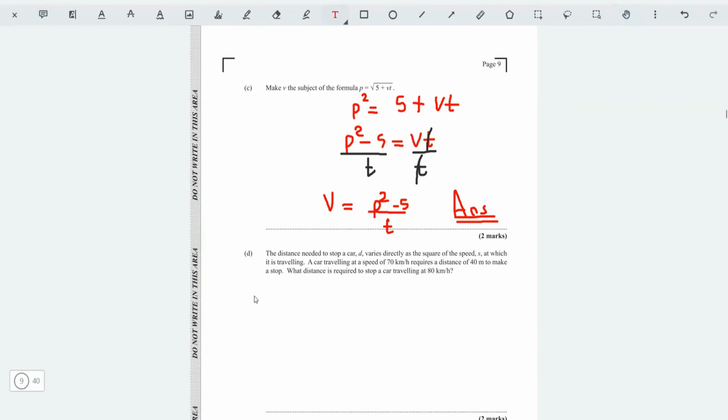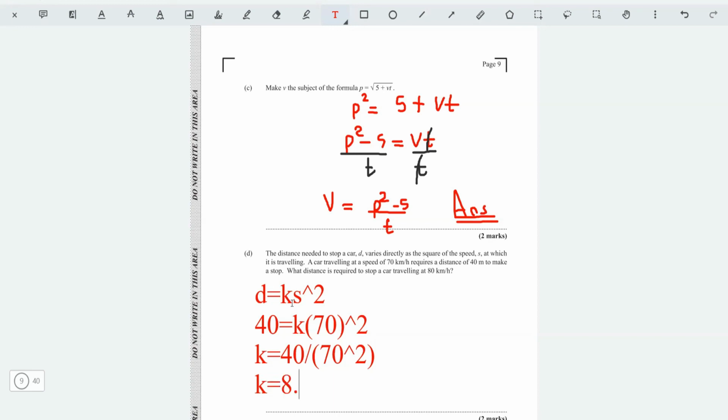All right, I'm just going to write it back real quickly. My apologies, it came off. So that's the constant times the speed squared. We ended up with, when we plugged in the distance of 40, 40 is equal to the constant k times 70 squared. We got that k was equal to 40 divided by 70 squared, which is 8.16 times 10 raised to the minus 3.